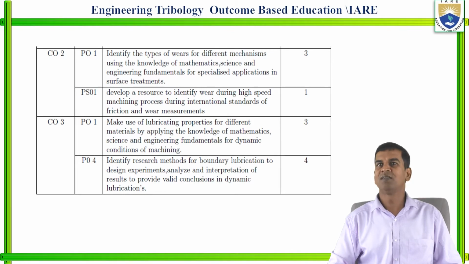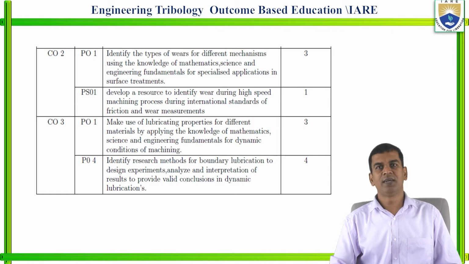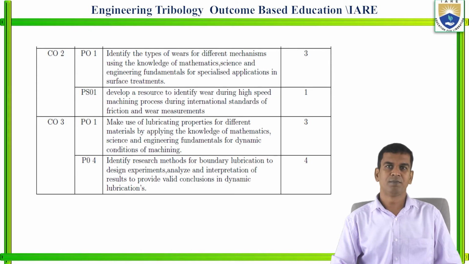Here key competencies are 3: engineering fundamentals, knowledge of mathematics, science for the specified applications. And PSO1 is to develop a resource to identify wear during the high speed machining process, using international standards of friction and wear measurement. Here the strength is 1.